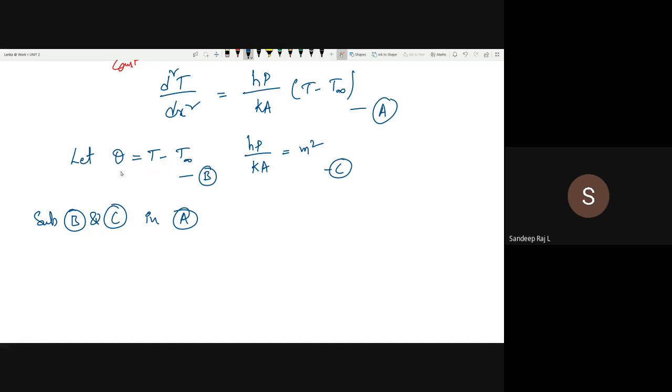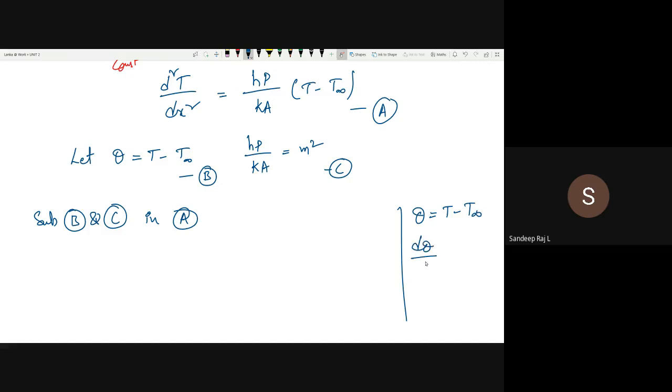So if I differentiate, I'll do it aside here: theta is equal to T minus T infinity.